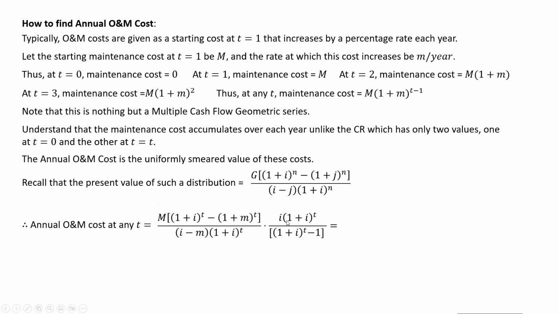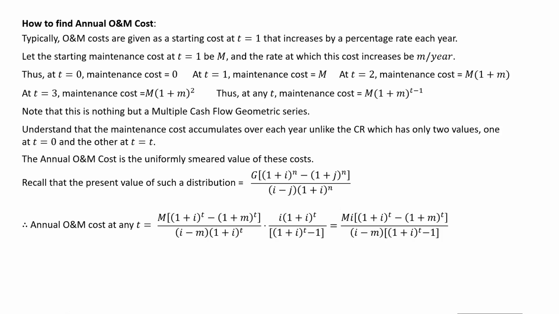Had this been a future value, then I wouldn't have a 1 plus i to the t on the top. That would be the difference. Now these two terms cancel, and so that formula reduces to something like this. This is how you find annual O&M cost at any t.